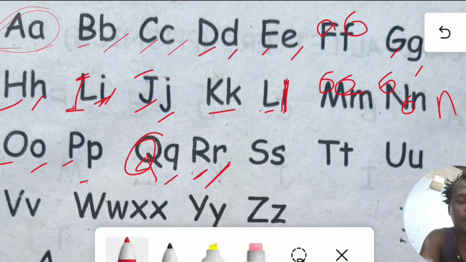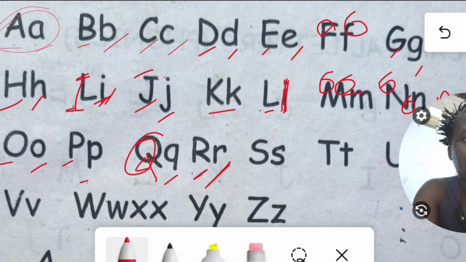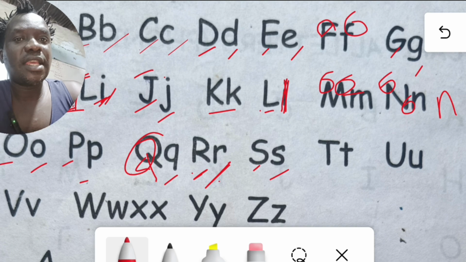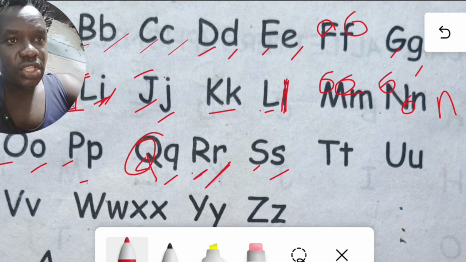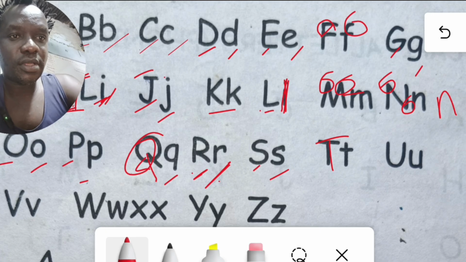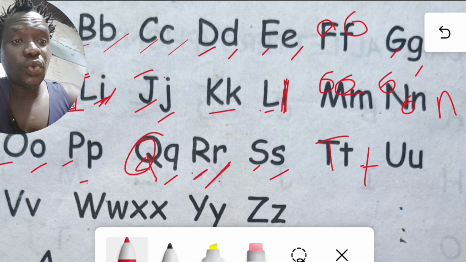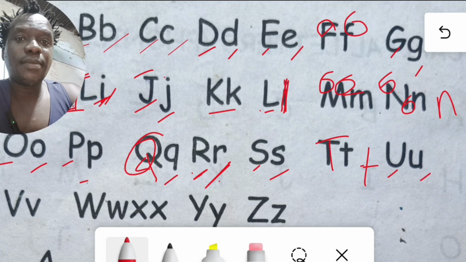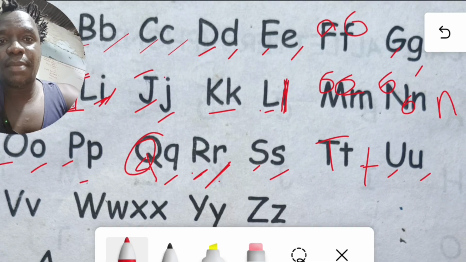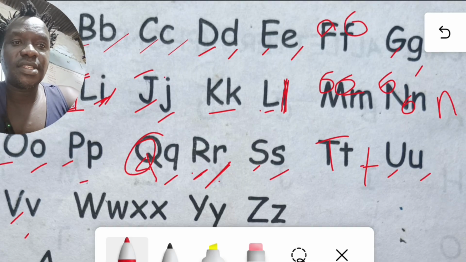But capital S and small s are the same, the difference is just the size. For T, capital T has a cross on top, but small t has a cross in the middle. U, capital U and small u, same, the difference is the size. Capital V and small v, also the same, the difference is the size.